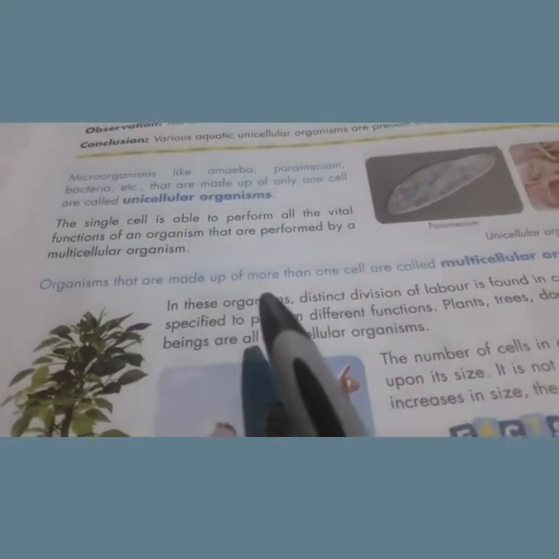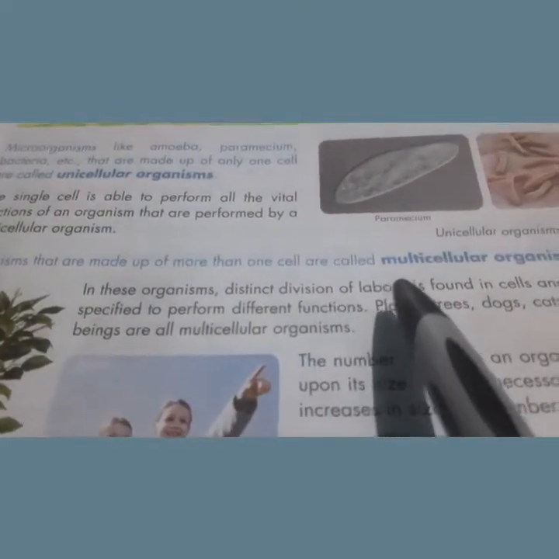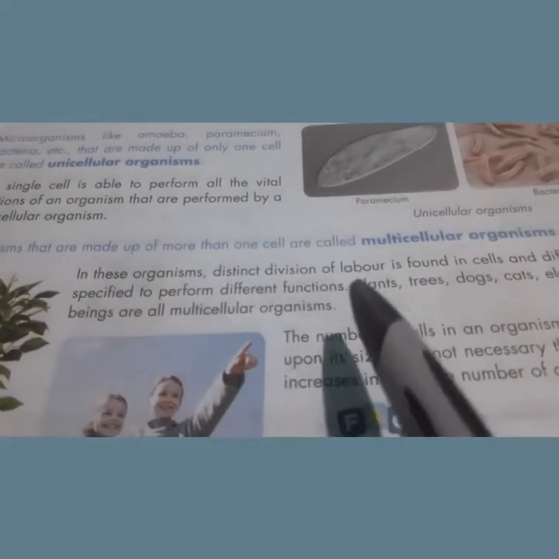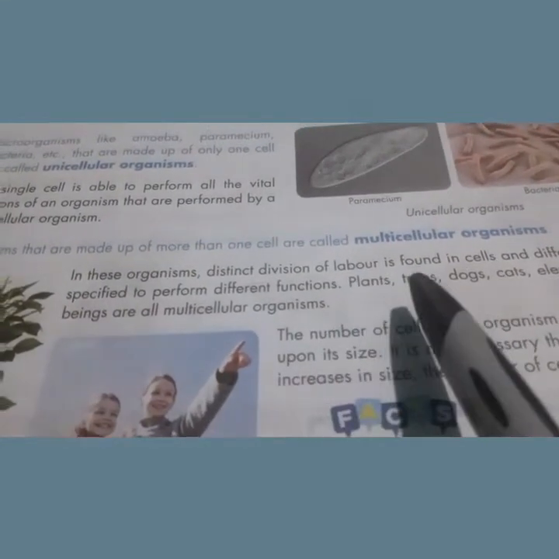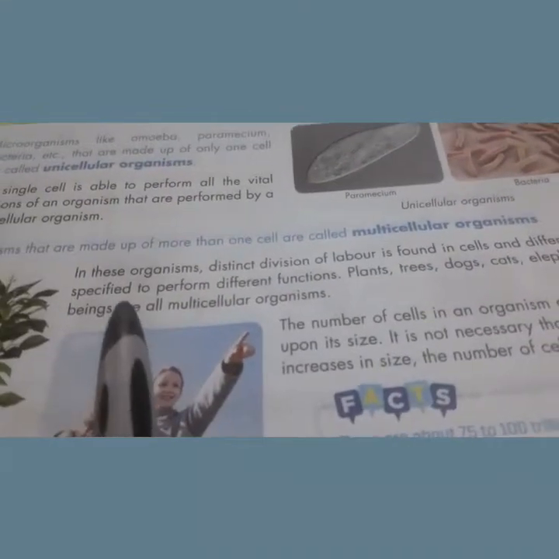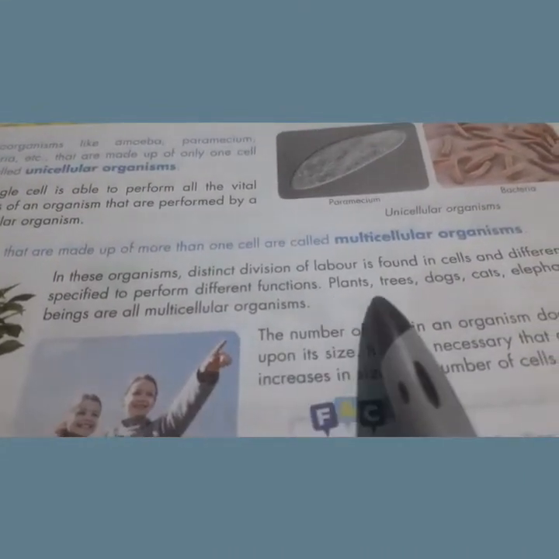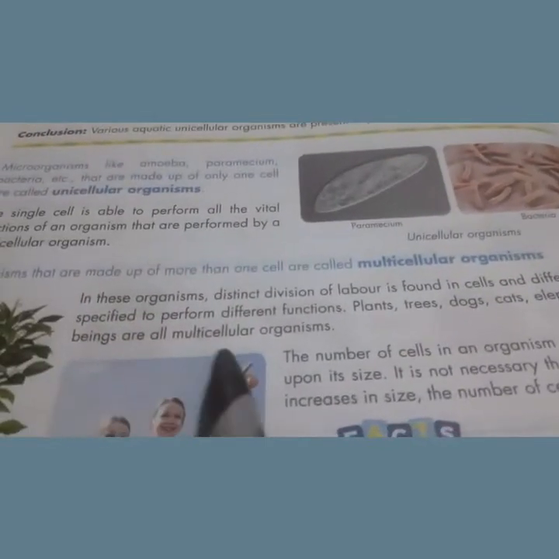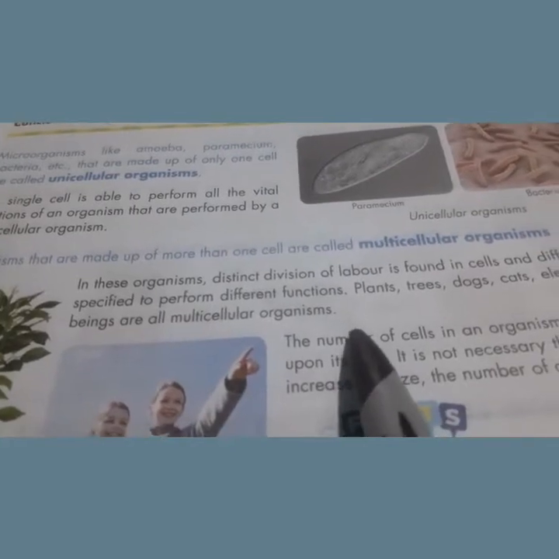The organisms that are made up of more than one cell are called multicellular organisms. In these organisms, distinct division of labor is found in cells, and different cells are specialized to perform different functions. Plants, trees, dogs, cats, elephants, human beings are all multicellular organisms.